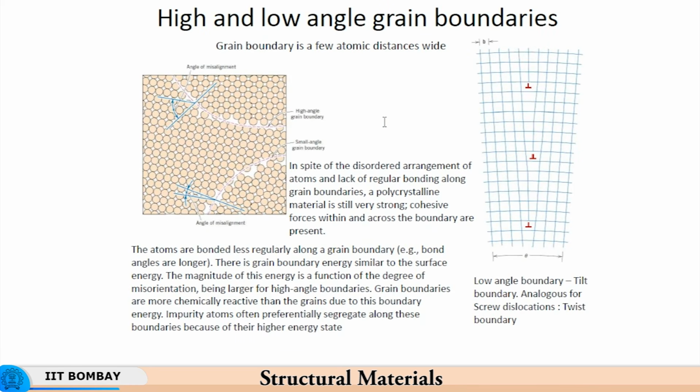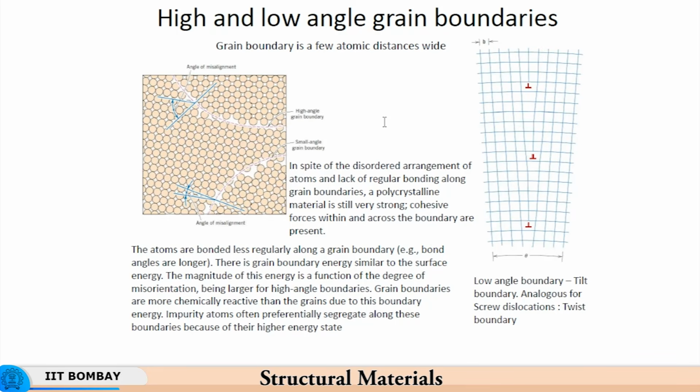Now you have two types of grain boundaries. Let's say you have two grains growing in different directions, different orientations. One lattice is growing in one particular direction, and the other lattice is growing at some inclination with respect to that direction.